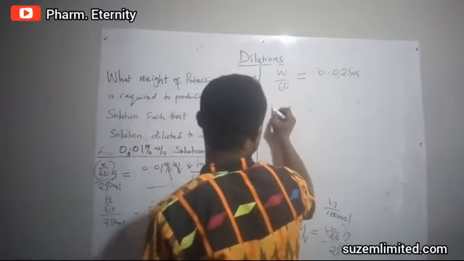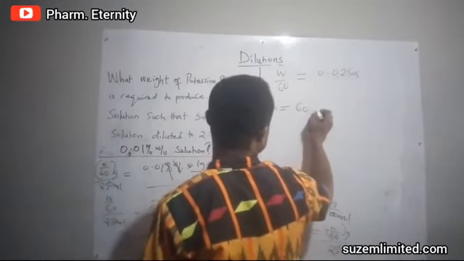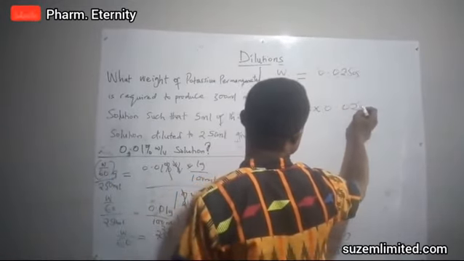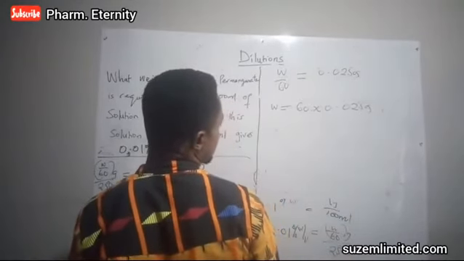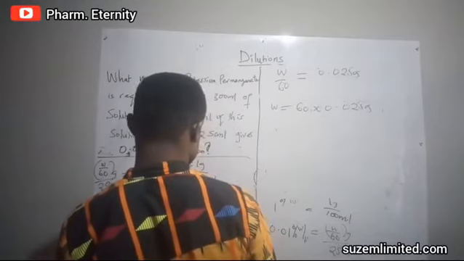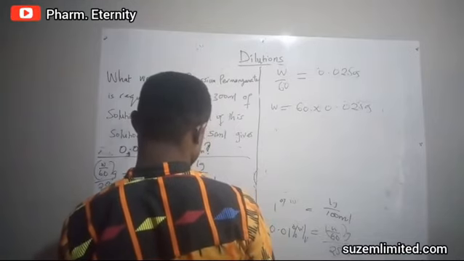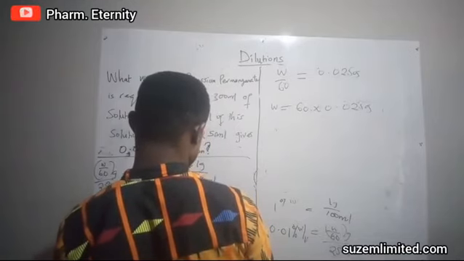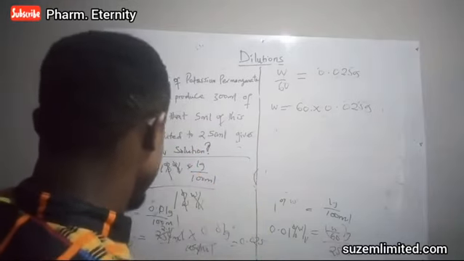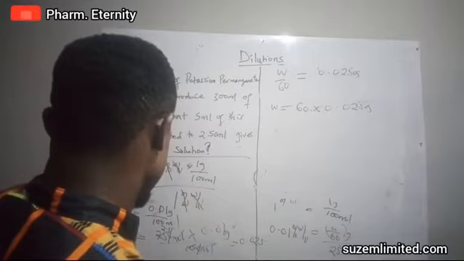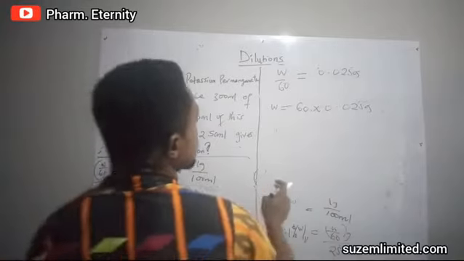So that means that W is equal to 60 times 0.025 gram.